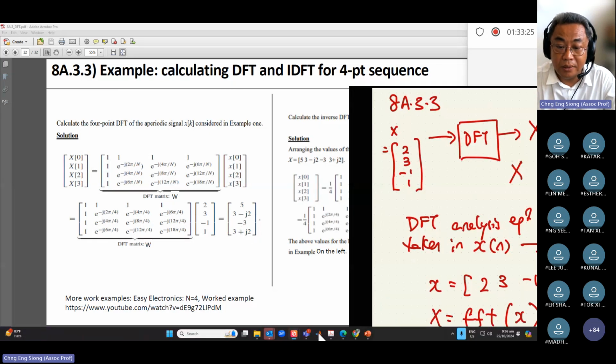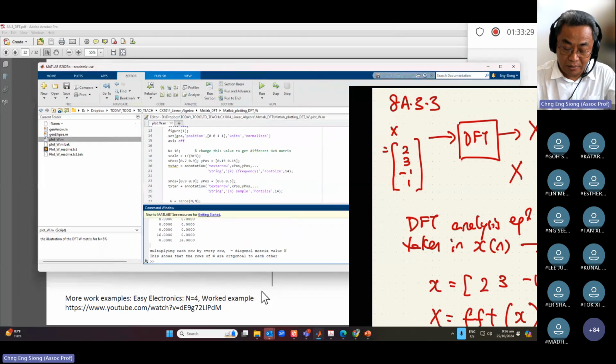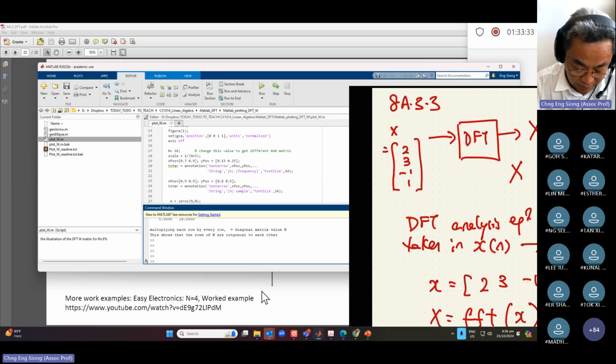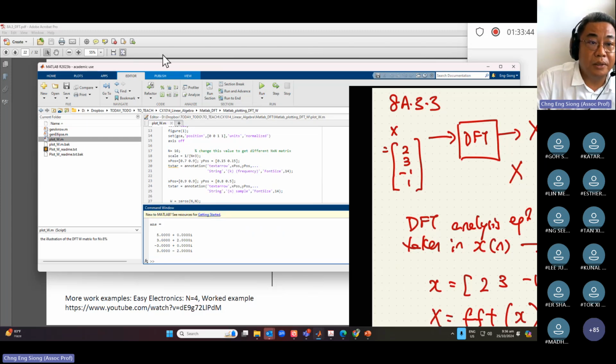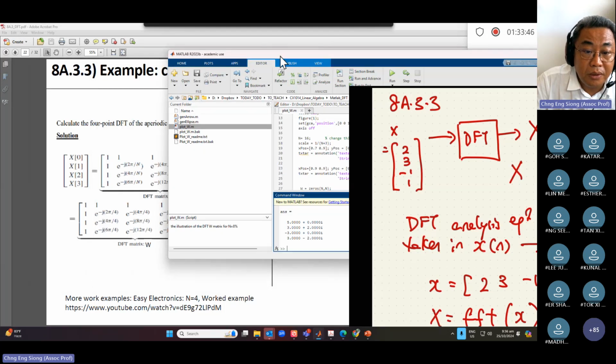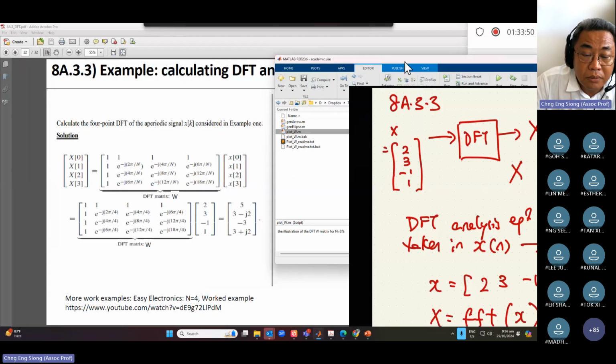Let's do it, and in fact I would even do it in a single line. FFT of 2, 3, minus 1, 1. And I prefer to see it in a column. So it is 5 plus 0, 5 plus 0, 3 plus 2i, 3.